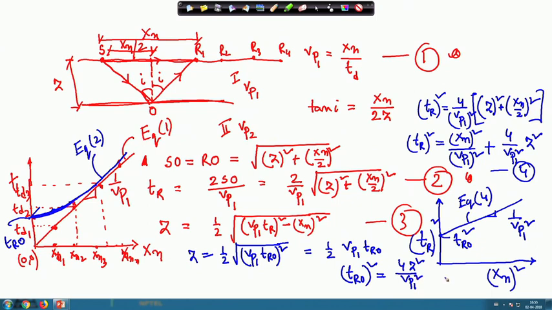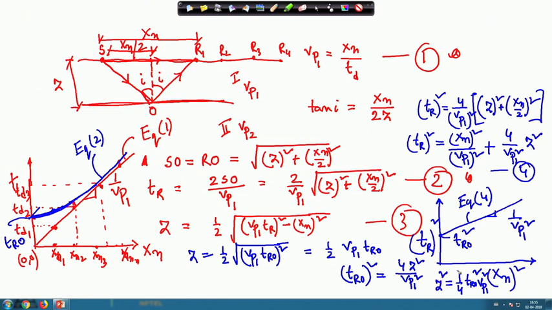So, z square is equal to 1 by 4 T_r0 square and V_p1 square, which is similar to this value also. So, this is half into V_p1 into T_r0, but as it is in square form, we can directly put these values here.